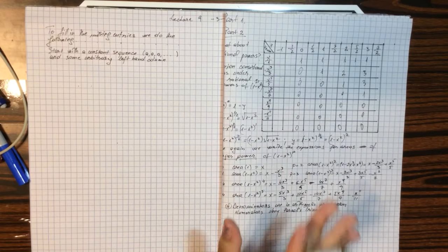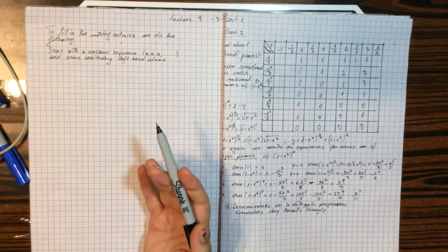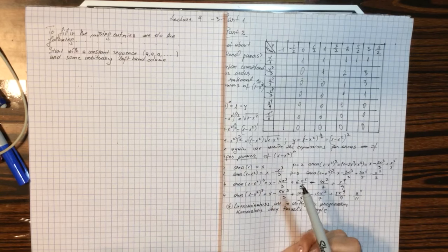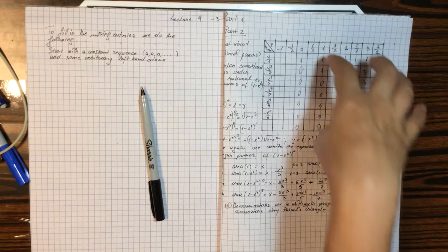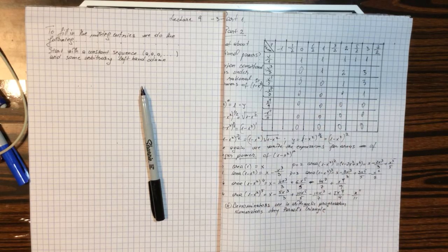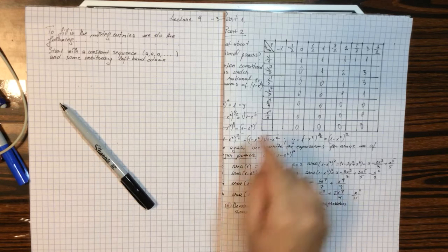All right, before I move on, we want to devise a way to fill in the rest of the entries. Keep in mind, a table like this could go indefinitely in both directions. So to devise a general method, it makes sense to speak of a constant sequence row.